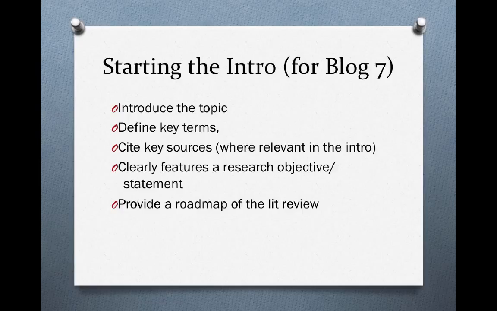A research objective, there should be a clear statement where it's like, this is what I want to get out of this research, and a roadmap of the literature review at least. You won't necessarily know where the rest of your research proposal is going to go, but I want to see that initial roadmap in this blog.